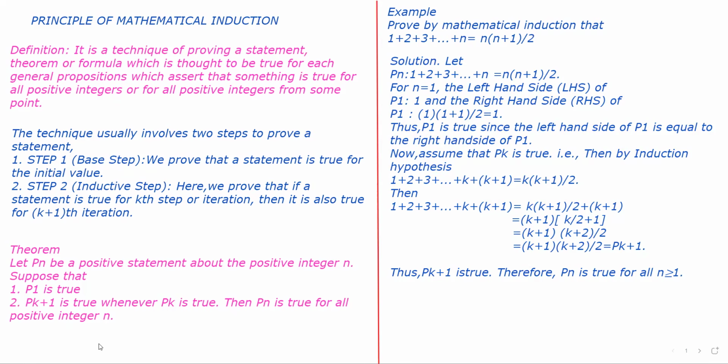I'm going to talk today about the principle of mathematical induction. It is basically a way by which we do a lot of mathematical proofs. We start from a basic argument, and then we try to find a general argument or general solution from that argument.